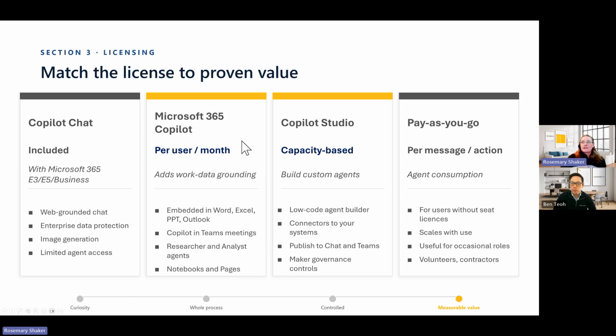Then we have Microsoft 365 Copilot, which is paid per user per month. With that, Copilot Studio also becomes available for agent creation. And then we have a pay-as-you-go model as well, which links really well with Copilot Chat. If some of your cohorts just need Copilot Chat, but you have a specific agent that will add value to that, and they don't need a full Copilot license, combining those two works really well together to give you the outcomes you are looking for.